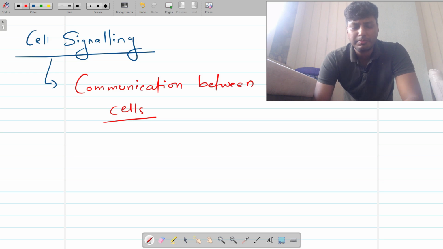The very best example of this is our immune system. We all know that our immune system is a very complex system in which there are different types of cells which communicate with each other to fight against a foreign pathogenic agent. For example, B cells are the cells which help in the formation of antibodies.